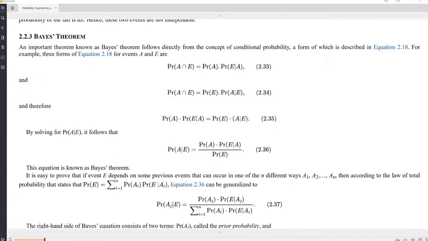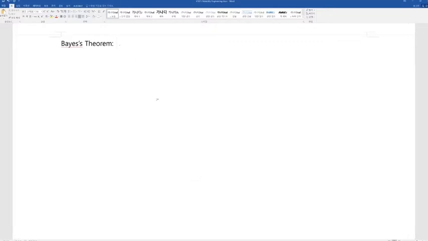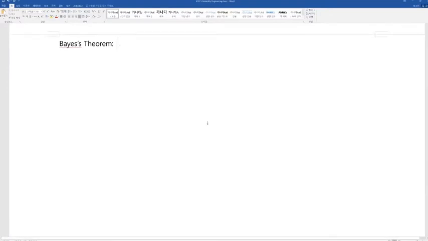So, where should I start? Well, let me open our notebook. Bayes theorem. So we need this Bayes theorem. Let me slightly enlarge our space.